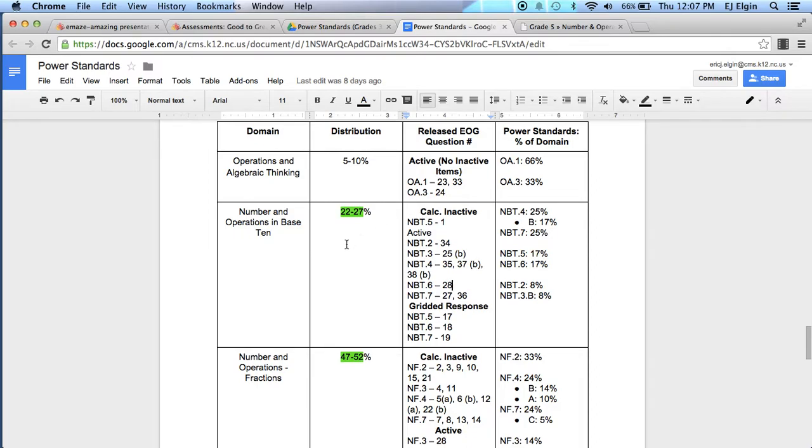It does. So what you're saying is because out of the power standards, 4 and 7 had the largest chunk, I should try to include that in my assessments if I can, if it's something that's already been covered, or maybe as part of a daily warm-up or a ticket out the door to really ensure that my students are showing mastery for that particular power standard.